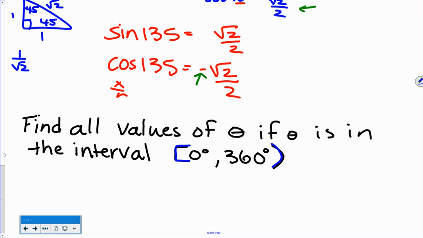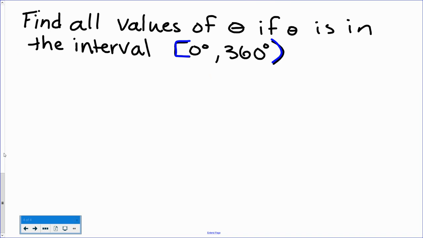Okay, we talk more about that in the trig elective, but here we're focusing on just one time around. All right, so if I say cosine of theta equals negative square root of 3 over 2, so we're finding all the values of theta that would make that true.